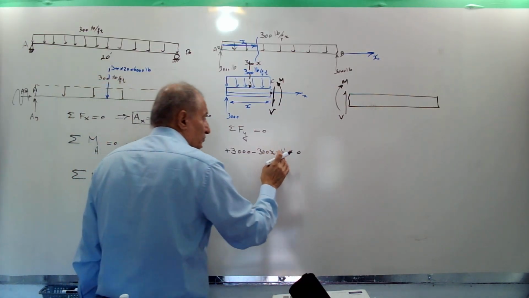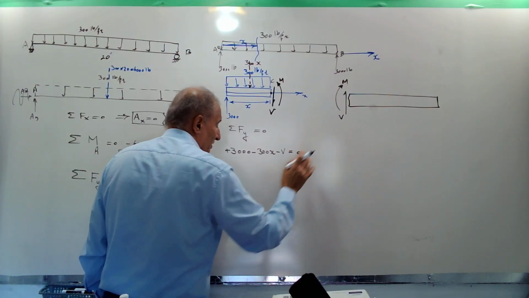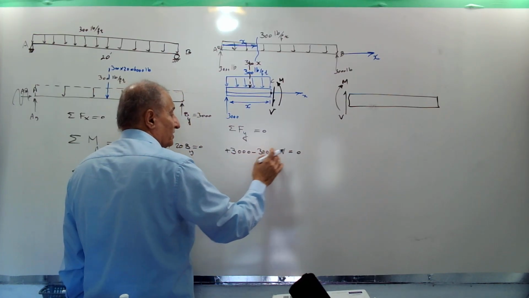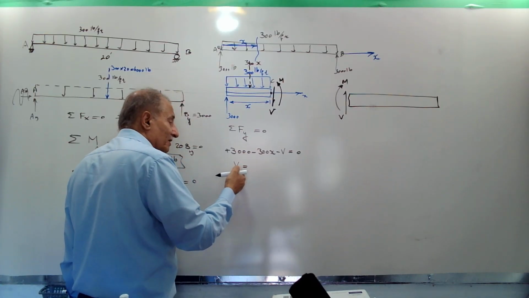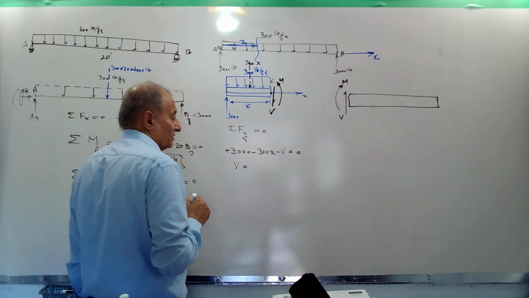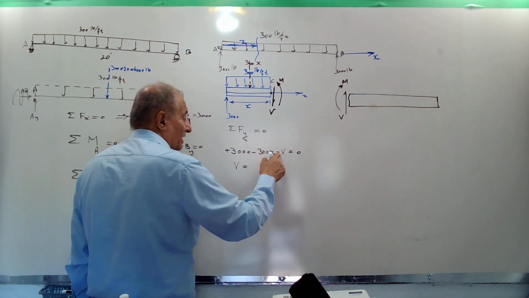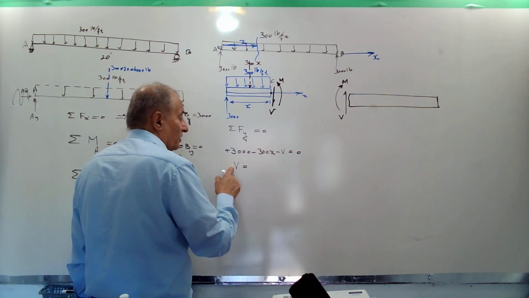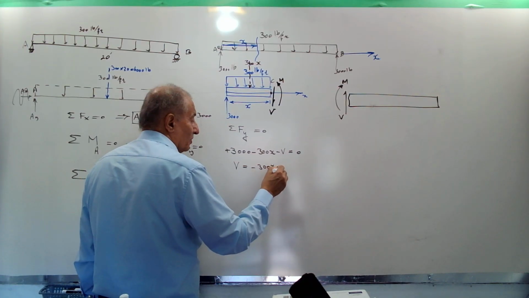I transfer V to the other side, or I keep V here and transfer the 300x to the other side, and I arrive at this equation: when I transfer V to the right side, the minus changes to positive, then V is equal to minus 300x plus 3000.